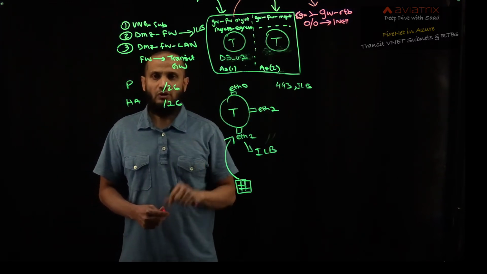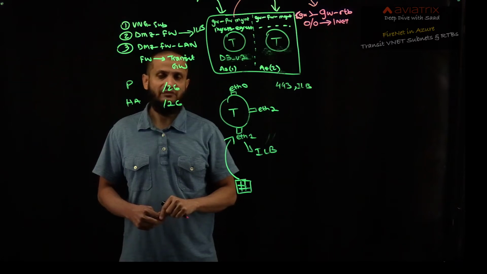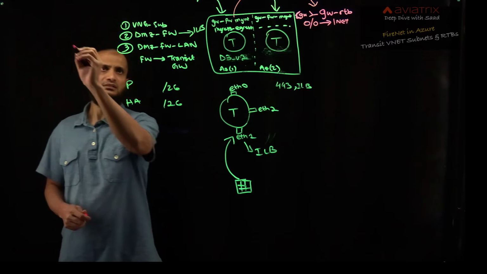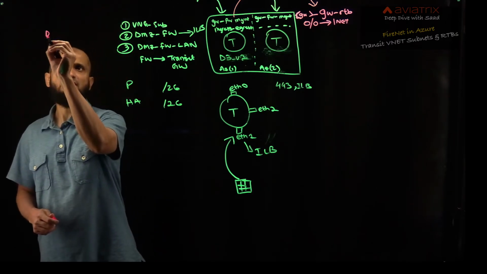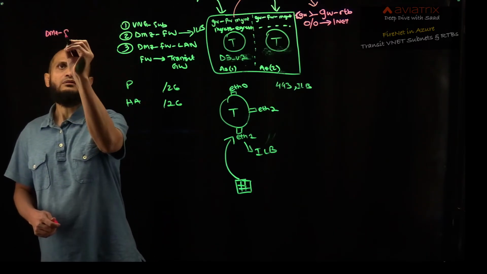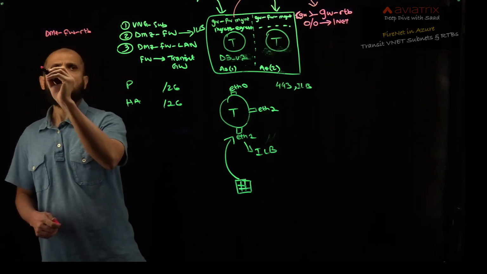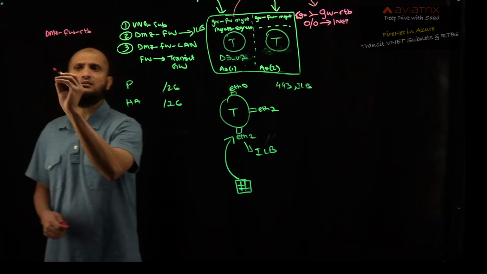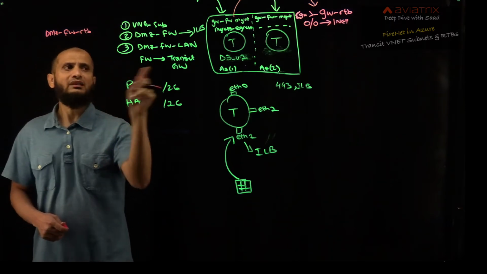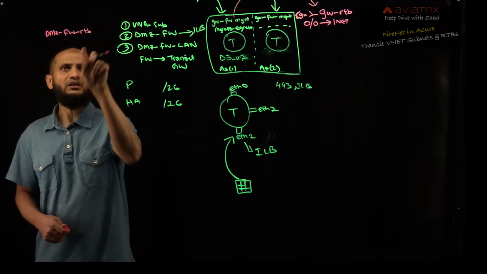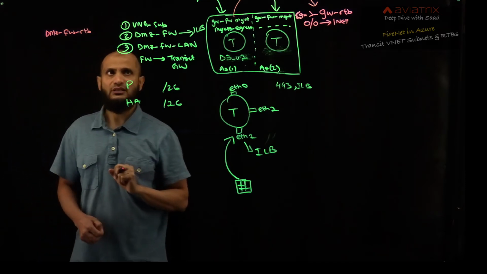There will be two more routing tables that Aviatrix controller is going to create. One of them is the DMZ firewall routing table, and the second one is the DMZ firewall LAN routing table. So what is the entry in the DMZ firewall routing table?